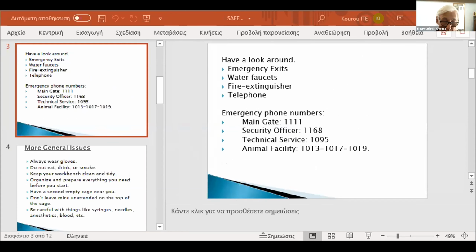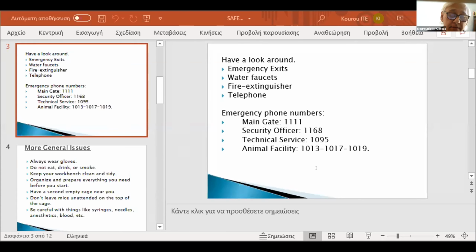Now, when you enter, take some time to look around and find out where the emergency exits are. Please remember where the exit is, where the water faucets are so you can wash after a splash or if you get contaminated, where the fire extinguisher is, and where the telephones are, in case you have to contact the outside world.